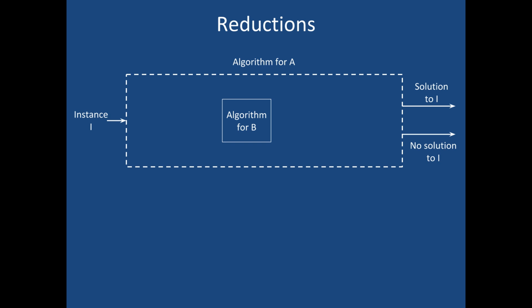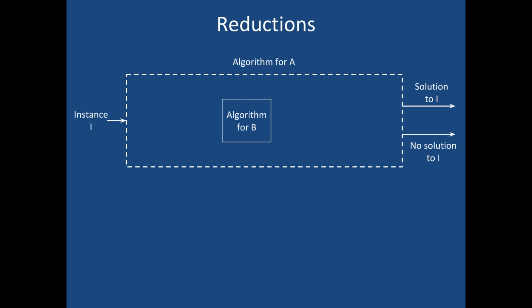And the solution format of B is slightly different than the one I want for A. What do you have to do when you want to use a library method or a library class? It's going to be very useful, but the data you have to give it is slightly different than the data it wants, and the output that it gives is slightly different than the output you want.